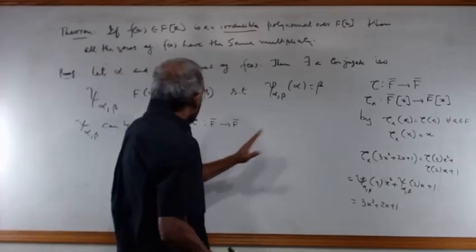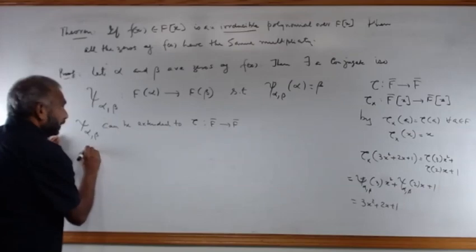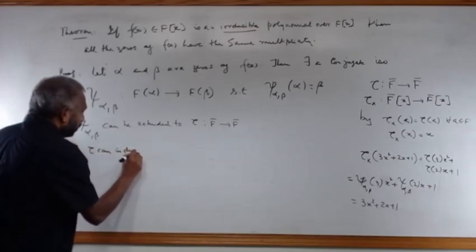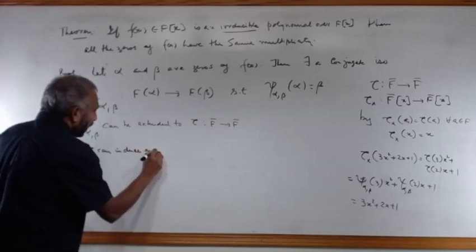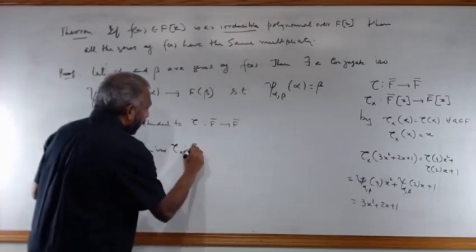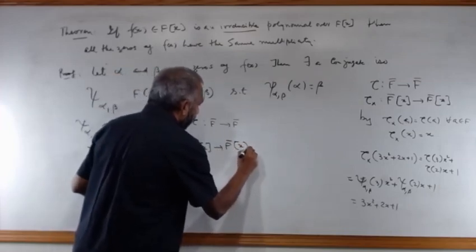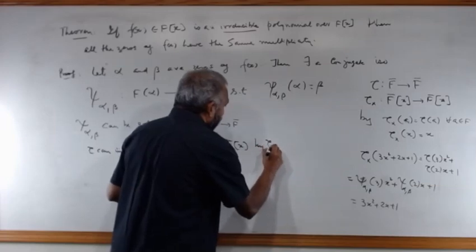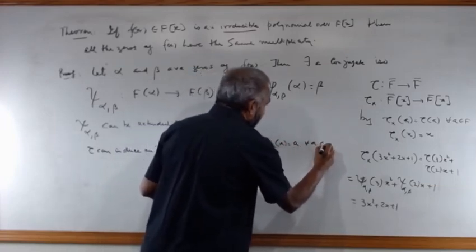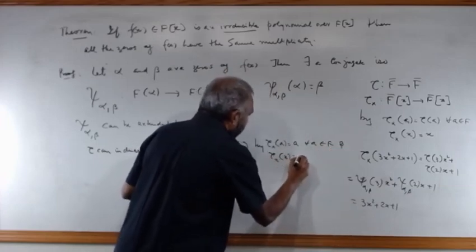Meaning, so you can say, tau can induce an isomorphism Tx from F[x] to F[x] by Tx of a is equal to a for a in F, and Tx of x is equal to x.